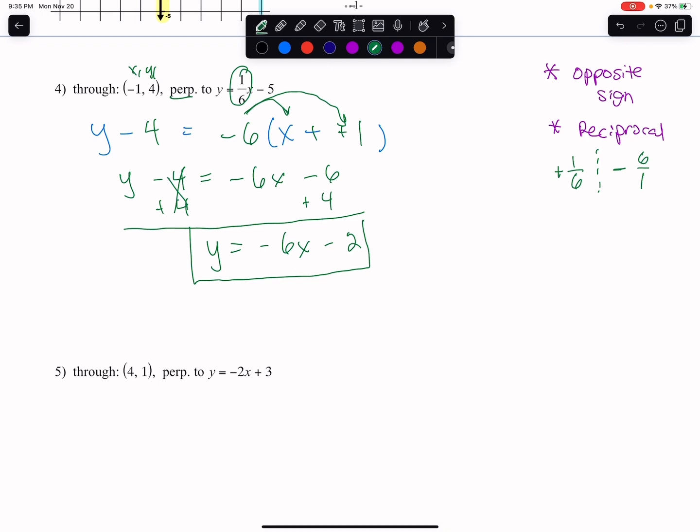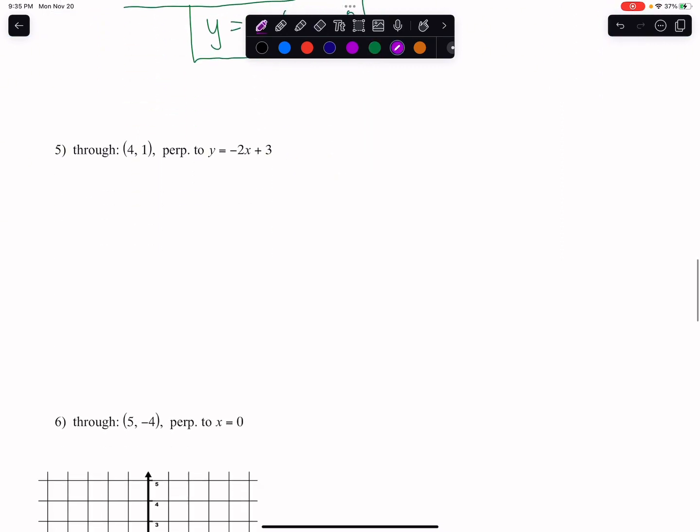Okay, let's do another one. We're almost done with these. You notice every time I start with the same one: anytime they want me to write an equation, we use point slope because we have a point and we pretty much know the slope.